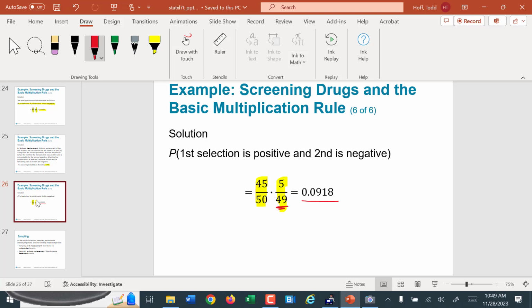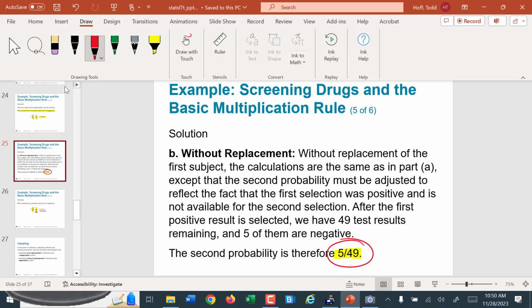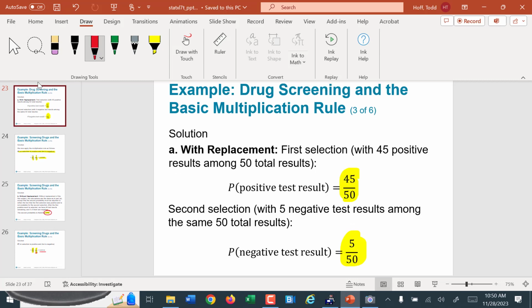So in this case, these were not independent. These were dependent events because the probability of the second person being negative depended on whether the first person was positive or negative. But when we were doing with replacement up here, the second person being negative doesn't matter whether the first person was positive or negative because we put them back into the group.